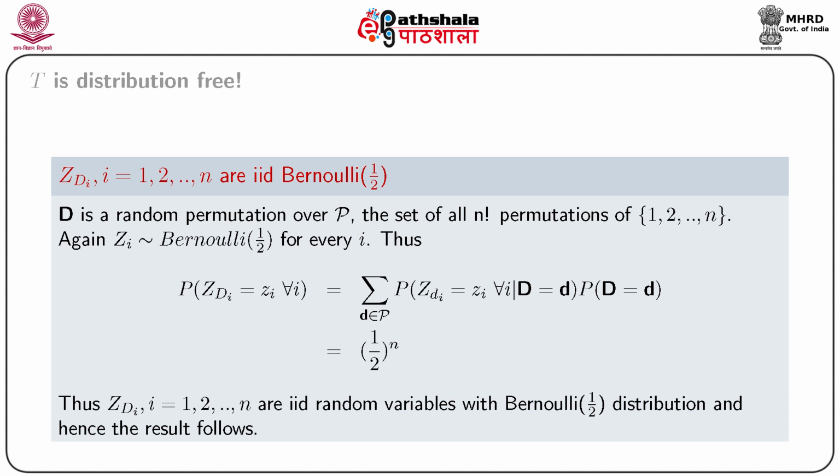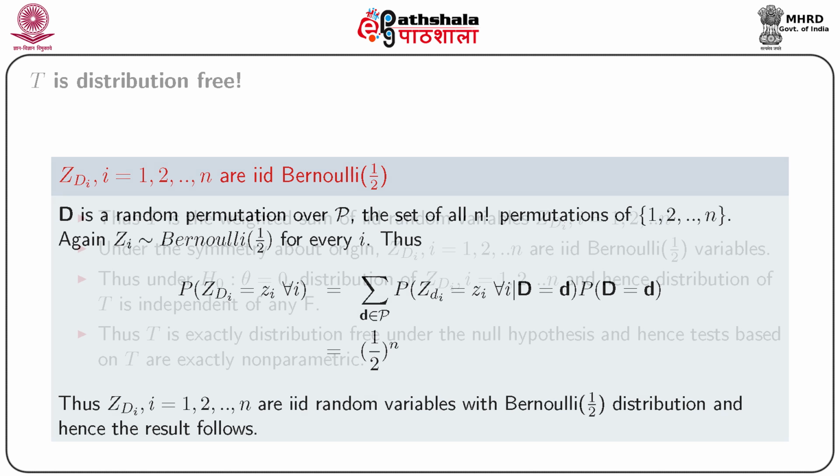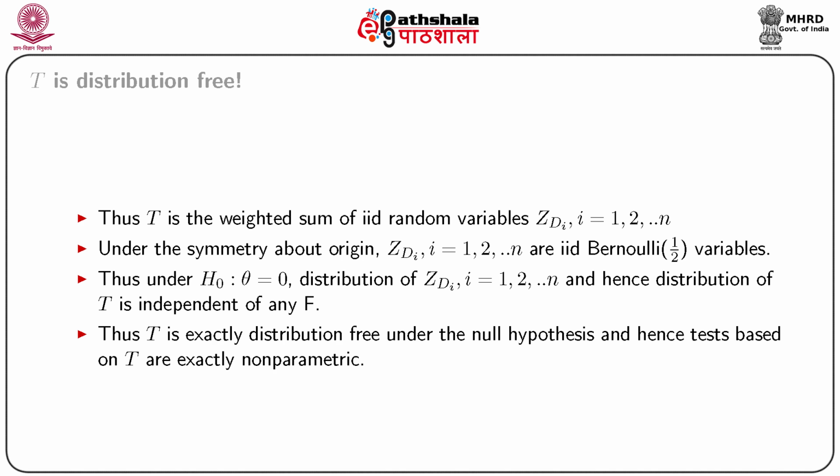Then, using the total probability law, the joint PMF of ZD1, ZD2 up to ZDn is seen to be half to the power n. Since half to the power n is the joint PMF of n IID Bernoulli half variables, the result follows. Thus, Z1, Z2, up to Zn and ZD1, ZD2, up to ZDn have the identical distribution under H0.